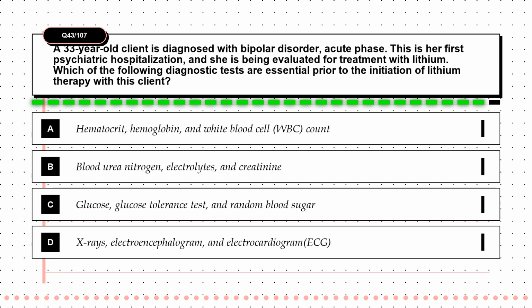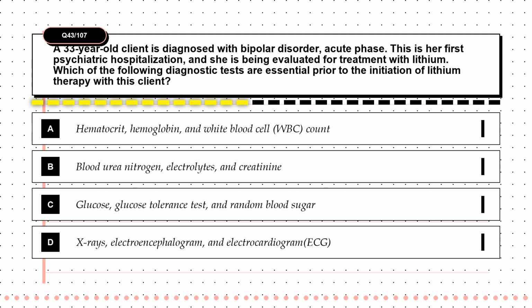Question 43. A 33-year-old client is diagnosed with bipolar disorder, acute phase. This is her first psychiatric hospitalization, and she is being evaluated for treatment with lithium. Which of the following diagnostic tests are essential prior to the initiation of lithium therapy with this client? Here are the options.